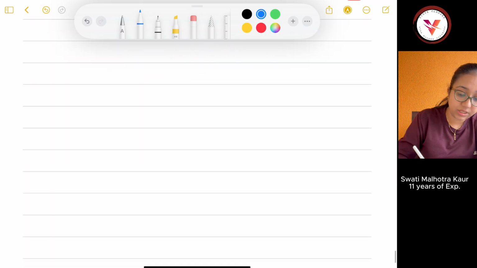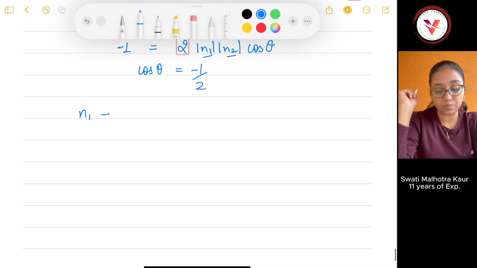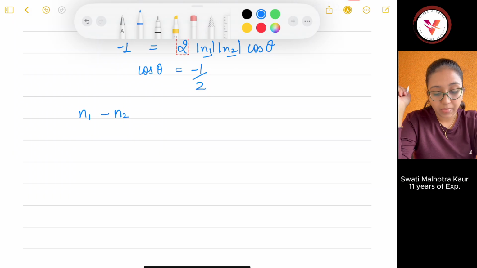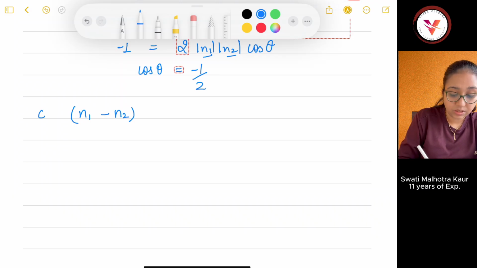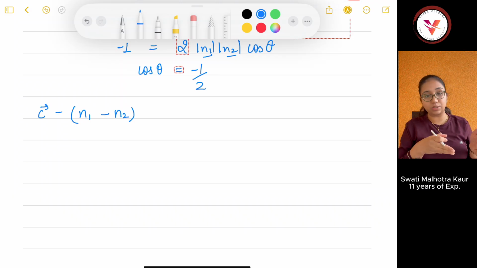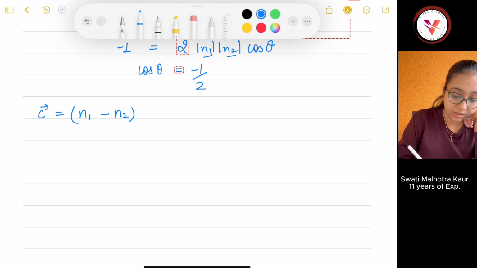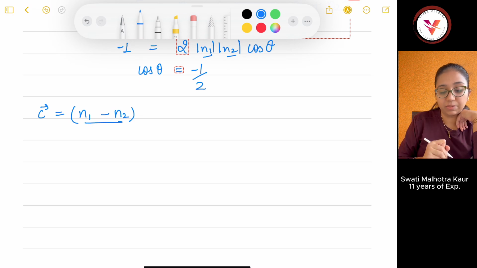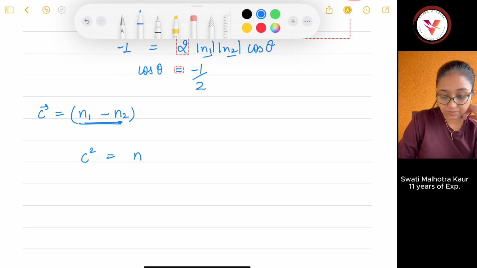Now what they have asked you is to find their difference, n1 minus n2. So for n1 minus n2, let's take another vector, which is C vector. You can't take this as a unit vector because they didn't ask about that. They just asked what should be n1 minus n2. Again, square both the sides, C square, then n1 minus n2, which is the difference of their vectors.